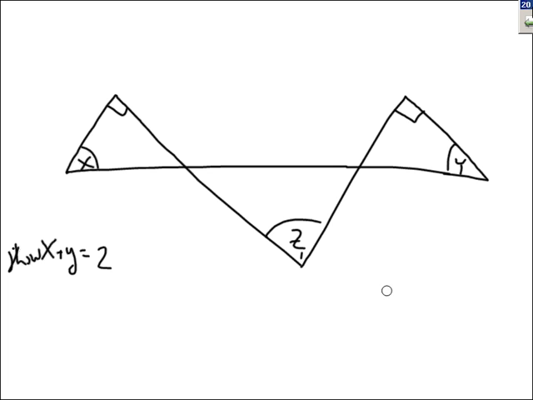Okay, so, for example, if I call this angle A, well then this is also angle A. And if I call this angle B, well then this angle must also be angle B. Okay. Now let's see what we have. We know that we have three triangles. 1, 2, and 3. And in each one of them, the angles add up to 180.